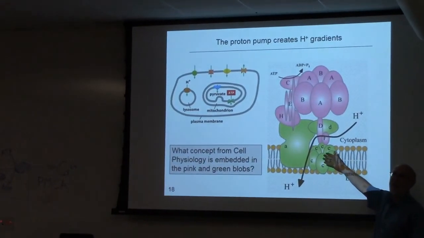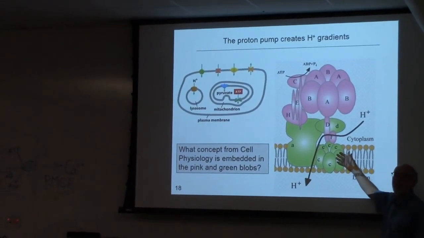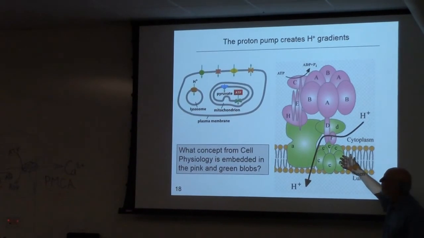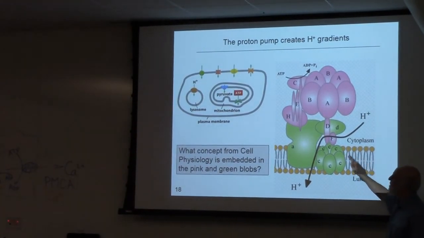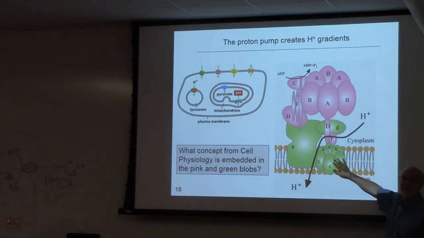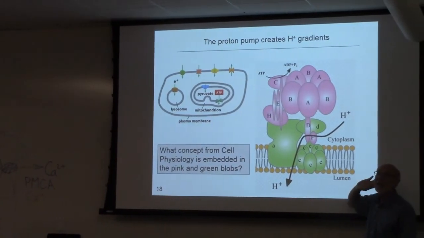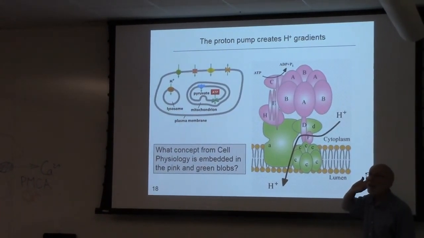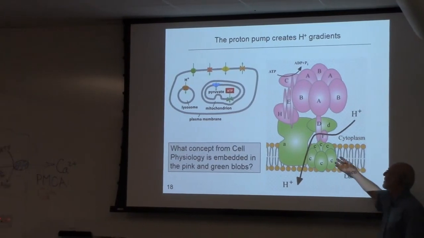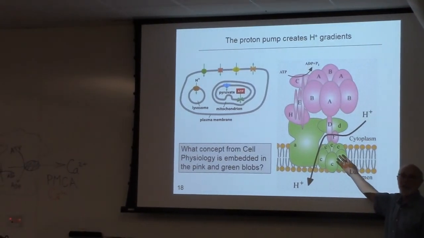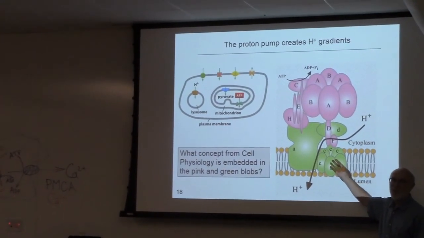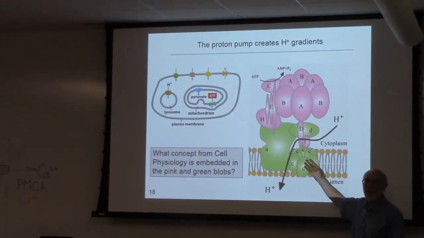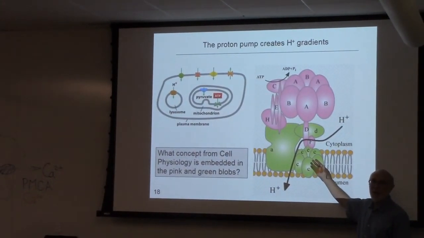Let's just review a bit. What are the blobs? What concept is embedded in these blobs? Do we see primary structure? No. Do we see secondary structure? No. Do we see tertiary structure? No. What do we see though?